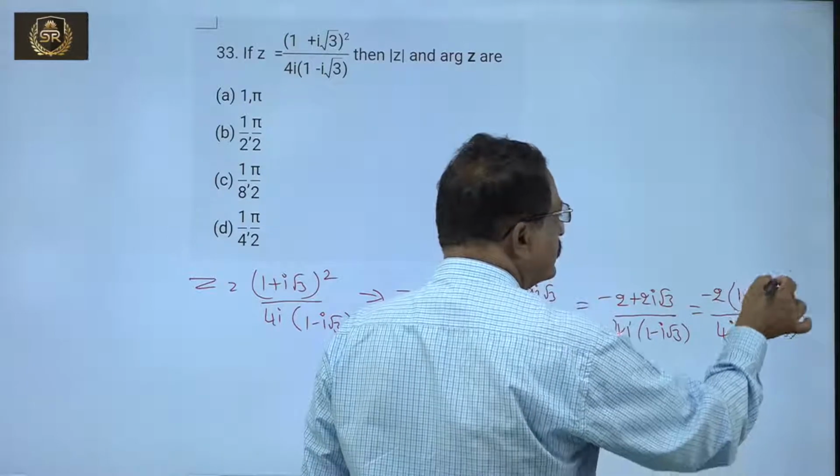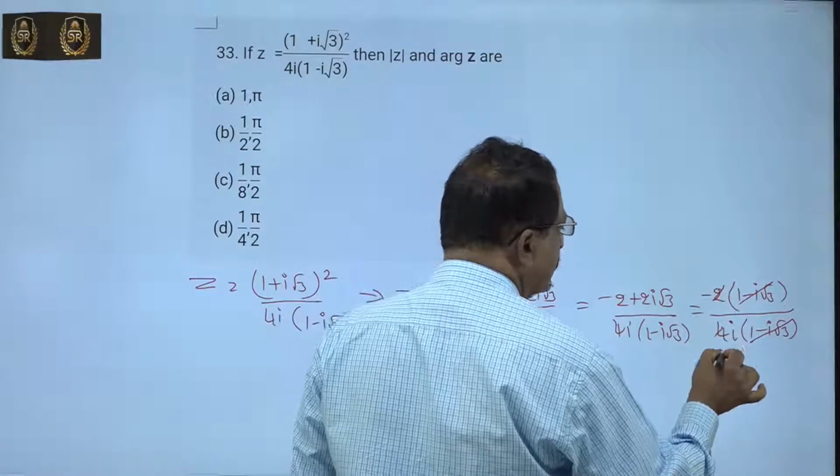Now (1 − i√3) cancels, and the 2 cancels.